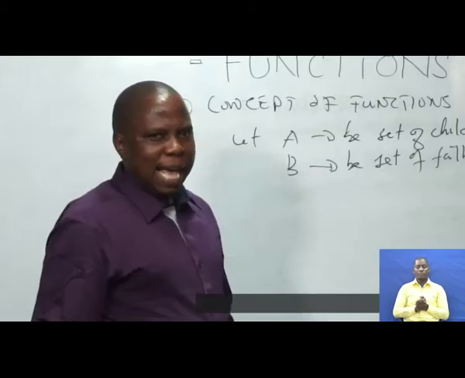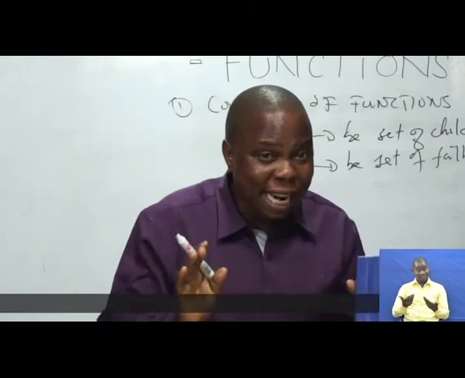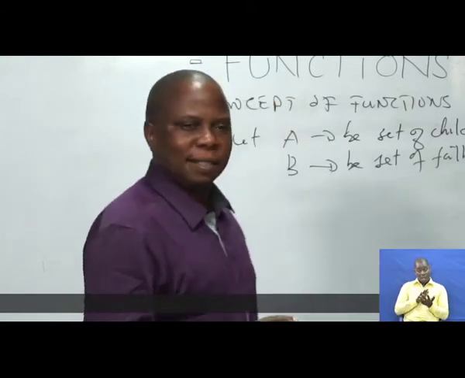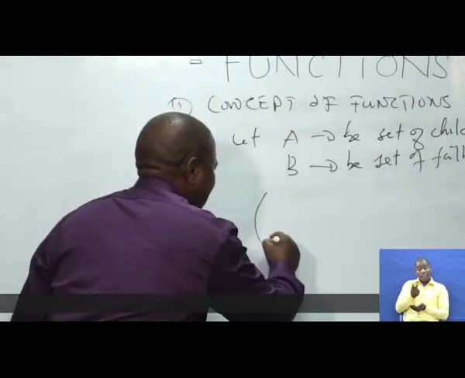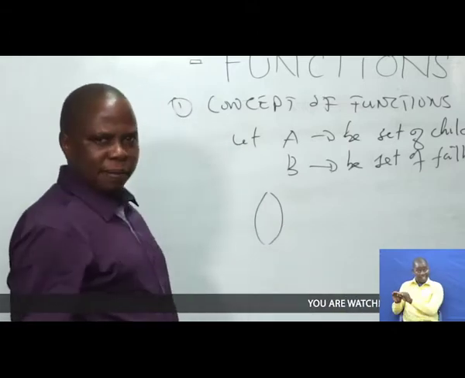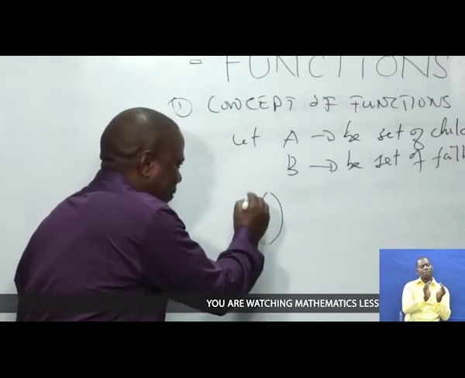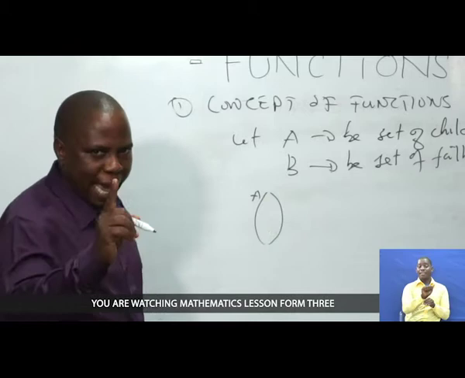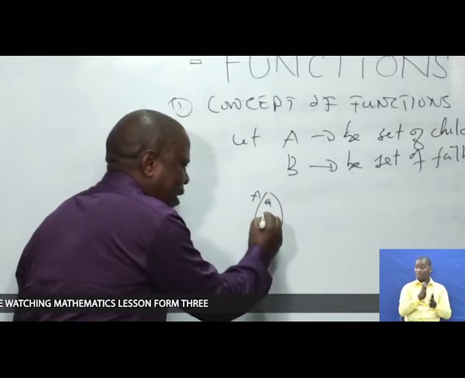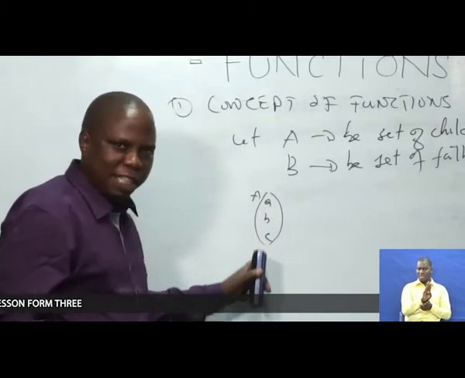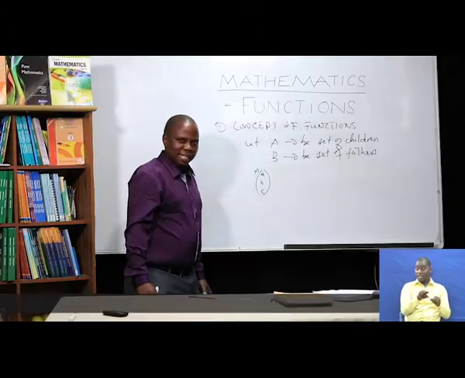Upon illustrating these two sets, I have the first set there, call it set A, with the elements A, B, and C. These are children which are in this set.